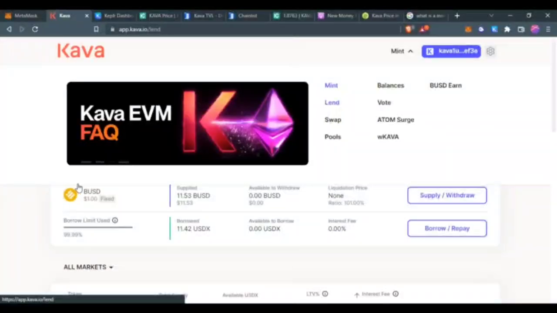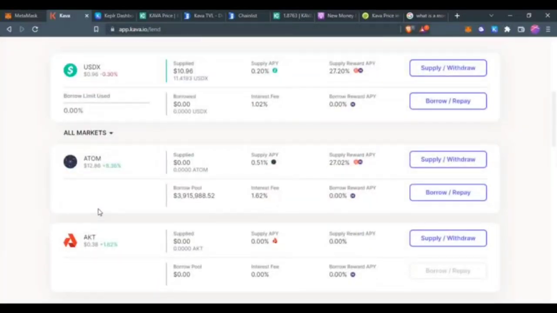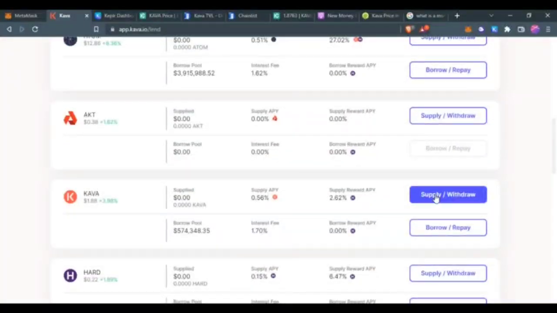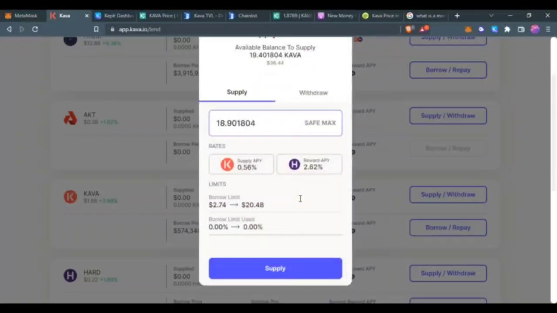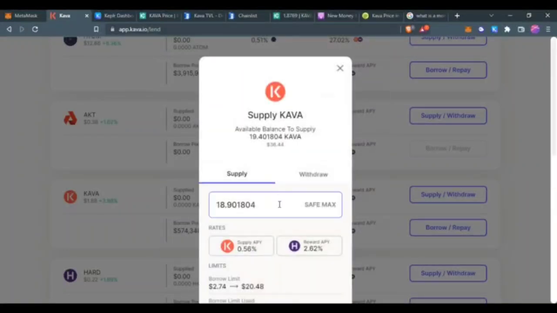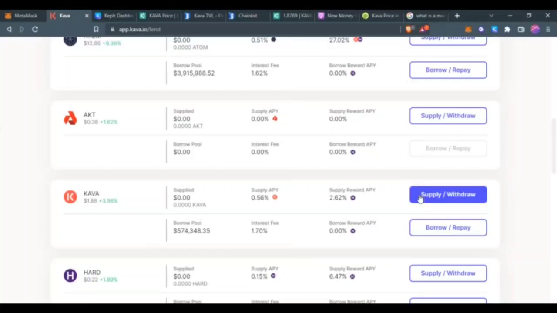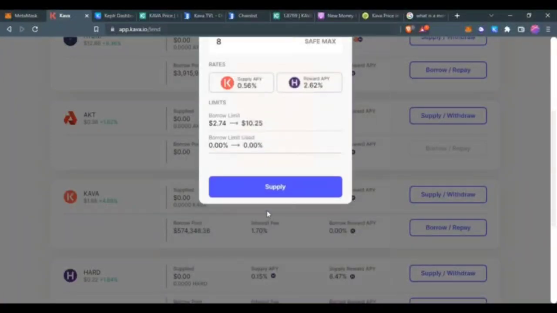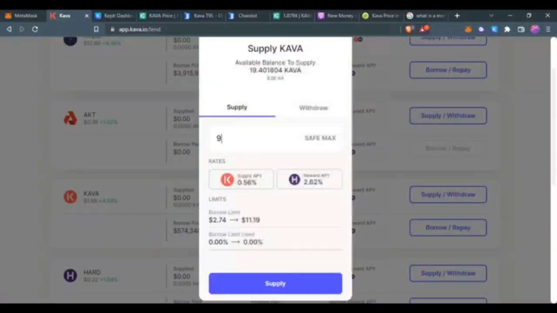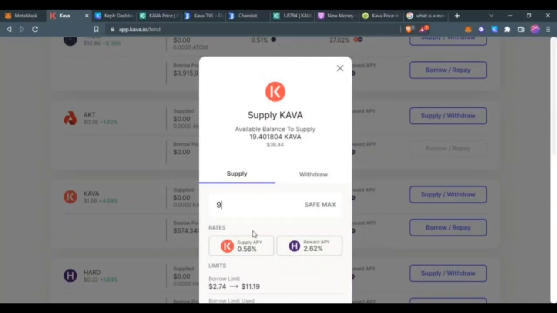If we wanted to lend Kava out, we would come here. In fact, let's actually do, let me see, we got 19. So let's do 9 on this side. So we're going to supply 9 shares of Kava.